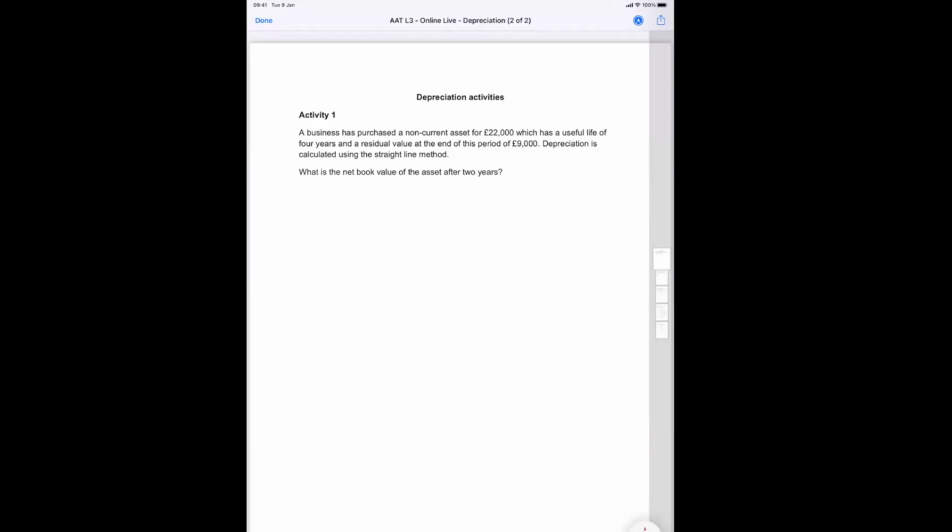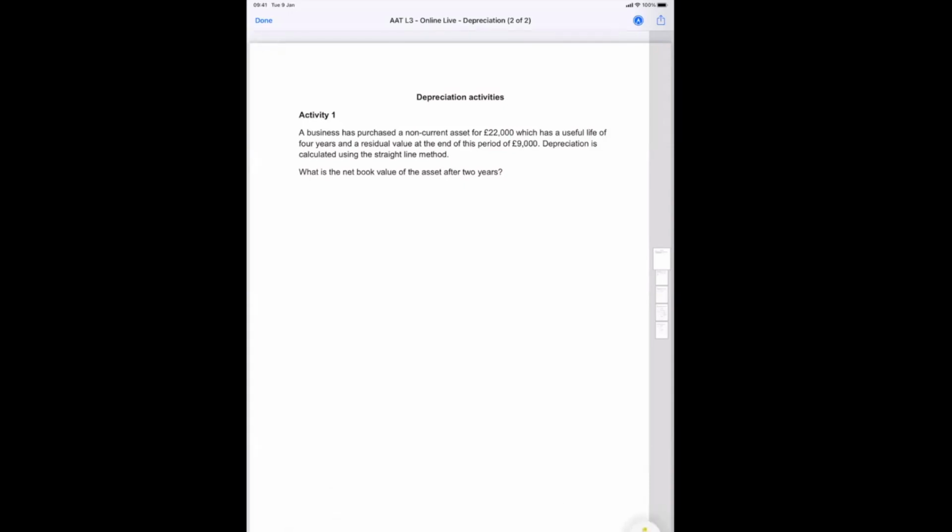It's part of the IAS 16 standards, so it's a requirement that we must complete at the end of the financial year. First of all, we're going to look at one of our methods of calculating depreciation: the straight line method.